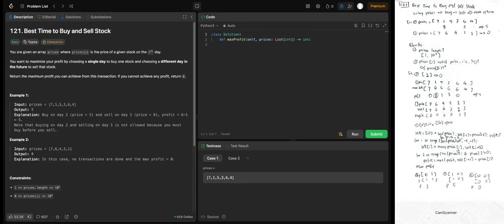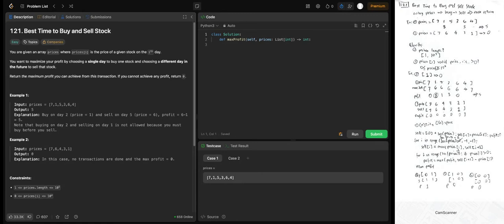So let me just skip if the price is 0, then I just don't allow myself to buy. So here I'm gonna do if prices[i] is larger than 0, then I will try to maximize it. Otherwise, it makes no sense to buy with price 0, which is free.